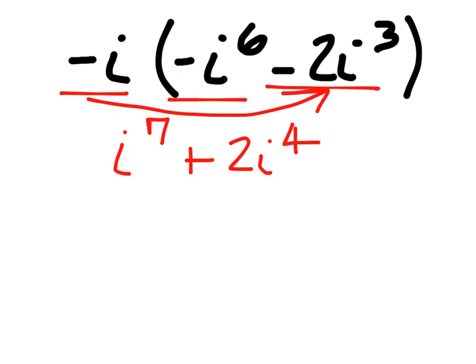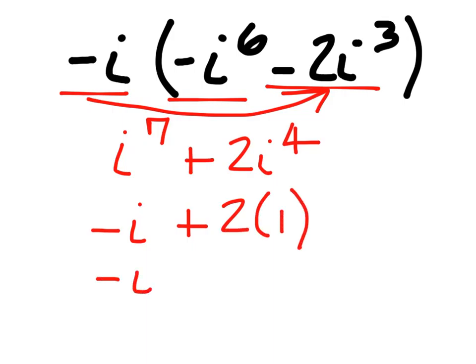Now, i to the 7th, remember that i to the 6th is a negative 1, so i to the 7th is what? Negative i. And we know that i to the 4th is 1. So we're just going to end up with negative i plus 2, but we have to switch it around. It's got to be 2 minus i.